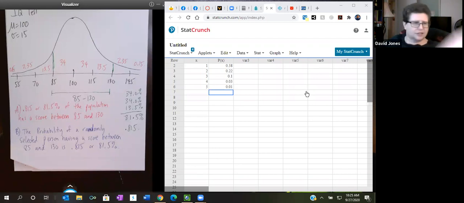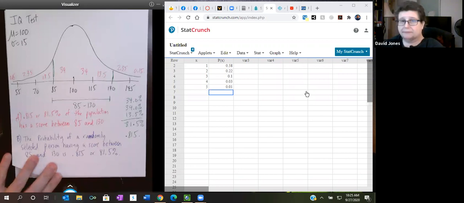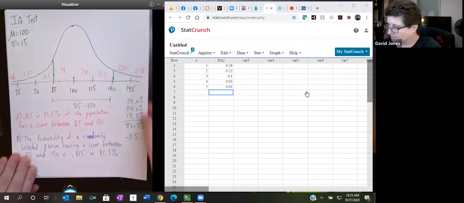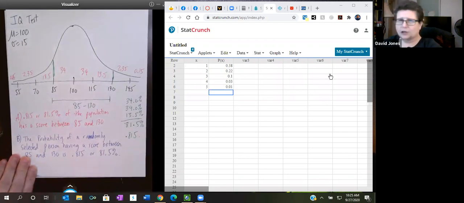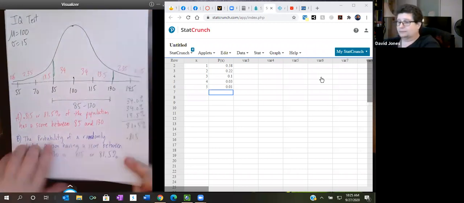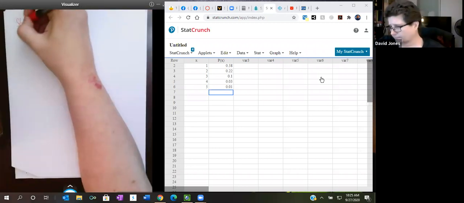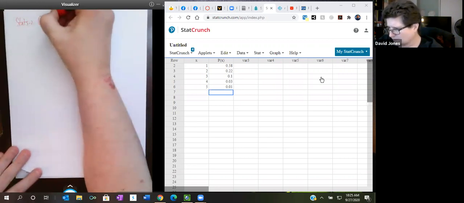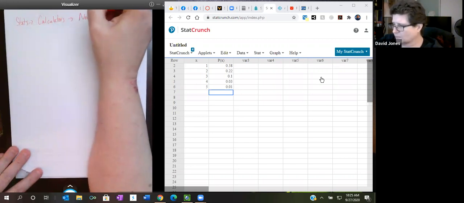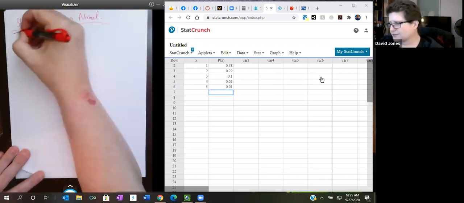So section 7.1 is going to have you working with these graphs a lot. When I want to look at this in StatCrunch, stats, calculators, normal. Do this on the next page. And we'll look at the IQ test for now.